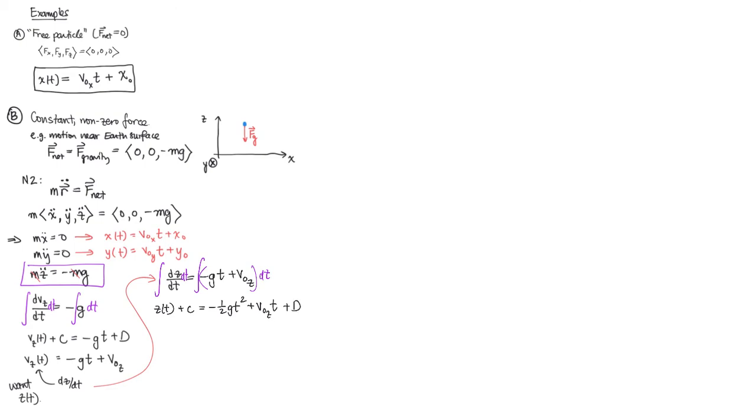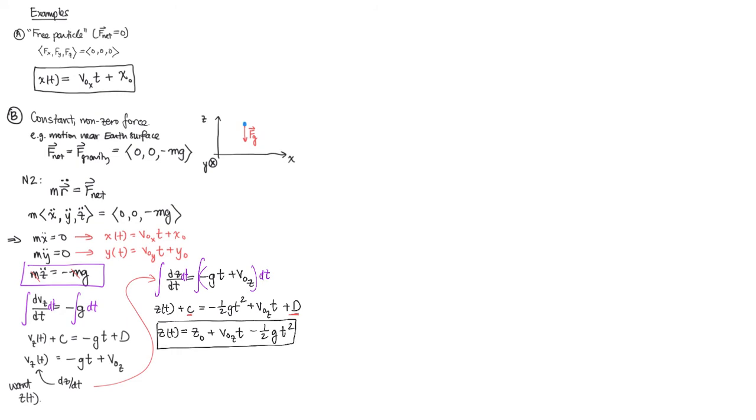Great. So we can shuffle these things around, merge the constants of integration into a new one, and we find the familiar result that the position in the z direction is a quadratic function of time. It's equal to the initial z value, that's combining c and d together, plus v naught z times time minus 1/2 gt squared.